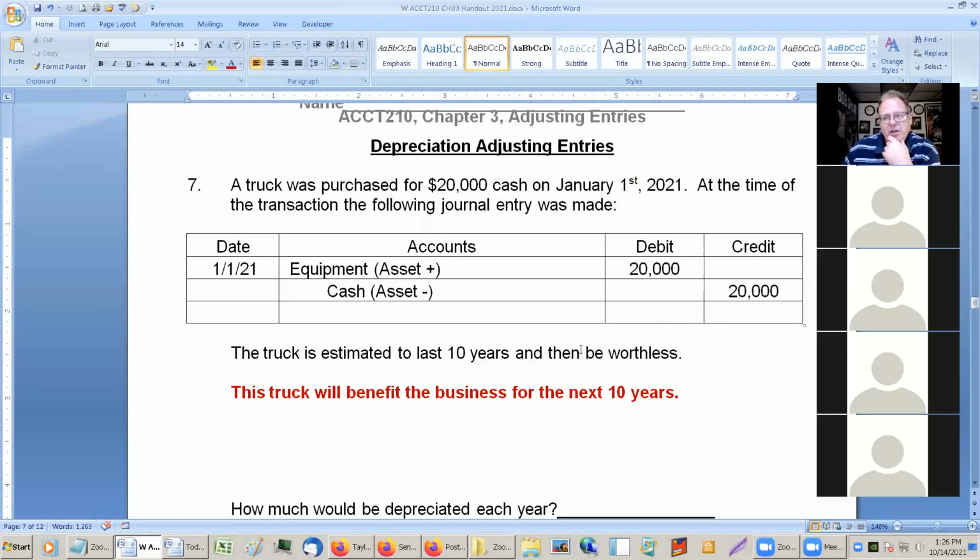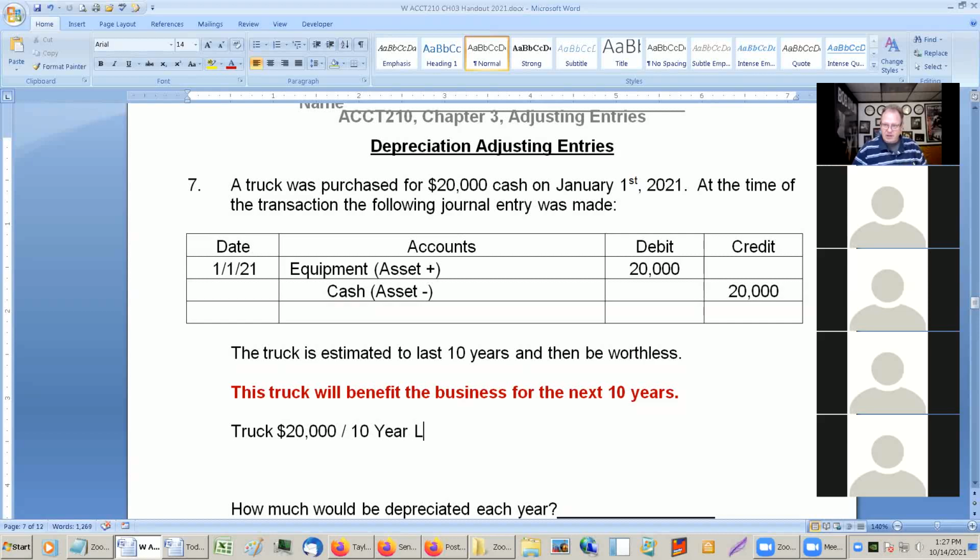So how much are we going to use of this truck basically every year? How much do you think? 2,000. Yep. So truck for 20,000 divided by the 10-year life.